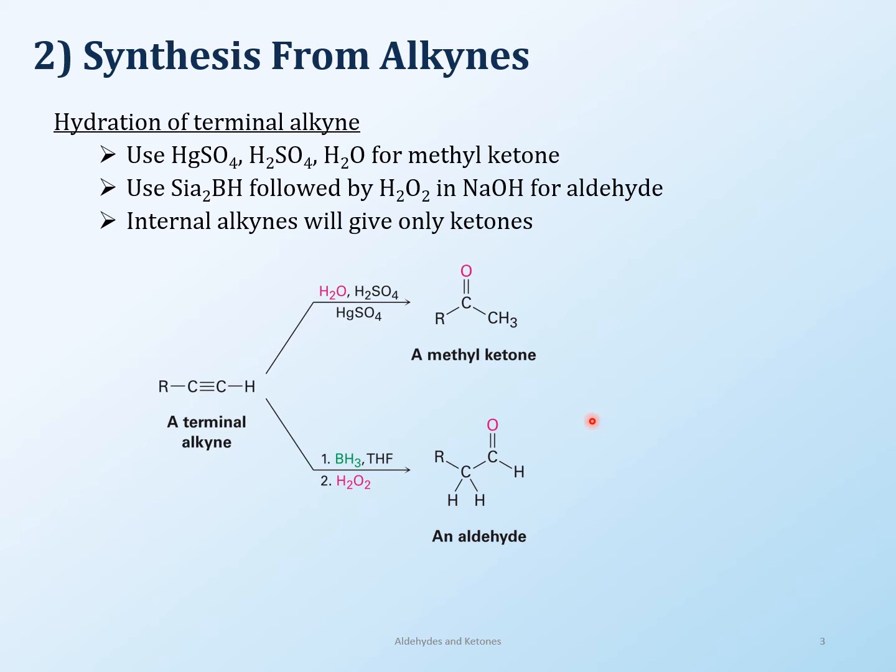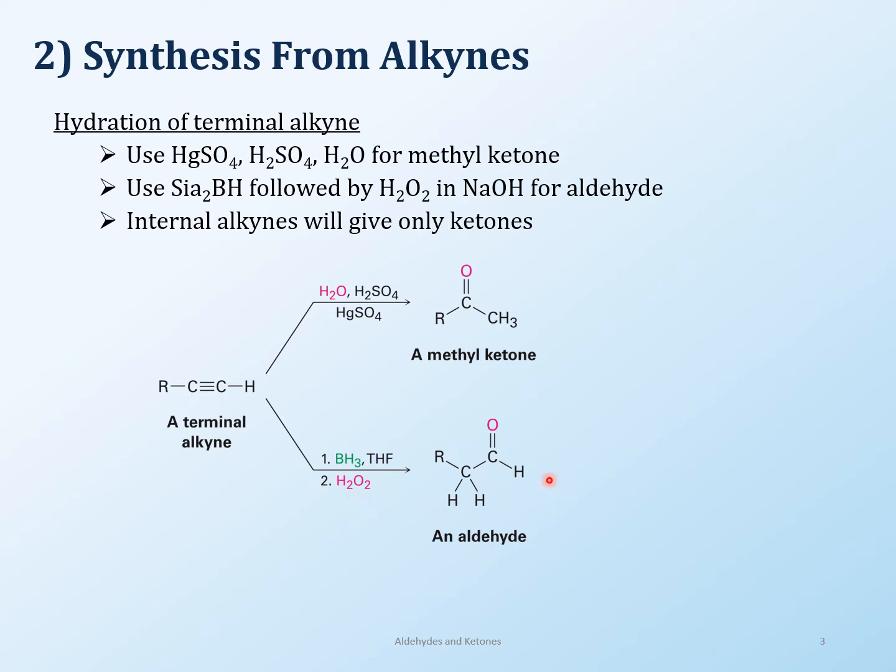And if you do a hydroboration of a terminal alkene, then you end up getting a primary alcohol, the anti-Markovnikov product. This is kind of similar to that, okay? So the mercury reagent is still giving you the Markovnikov product, and the hydroboration is giving you the anti-Markovnikov product.